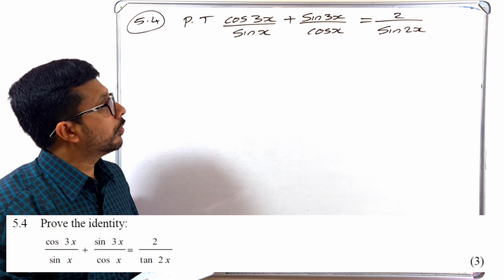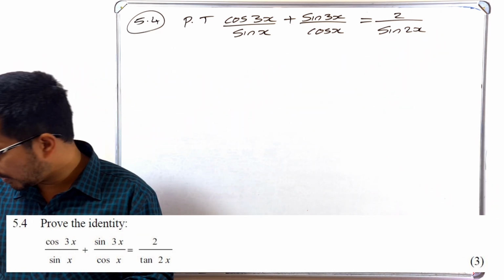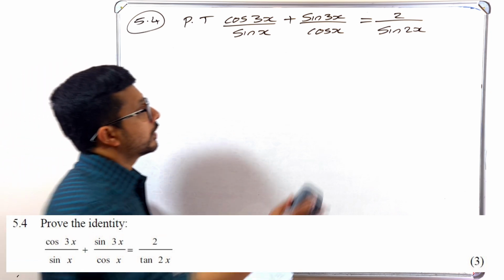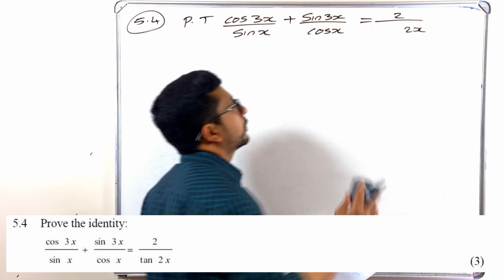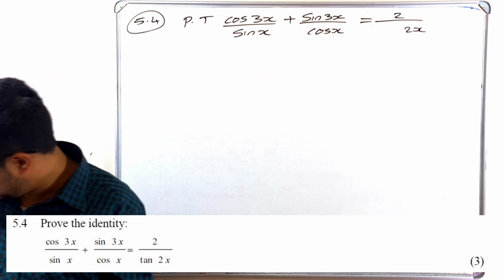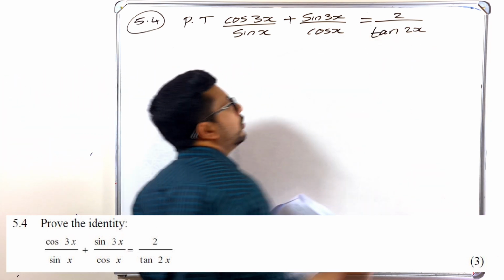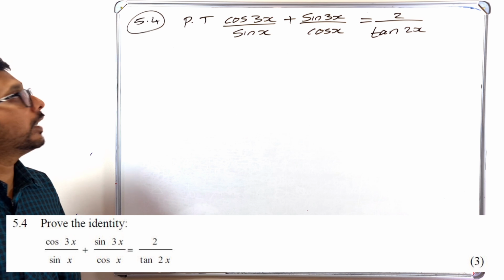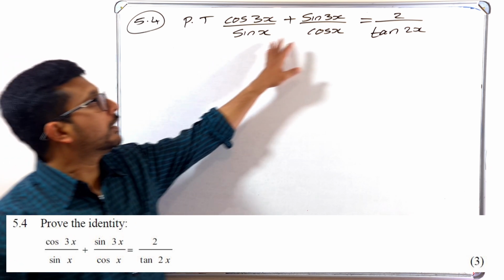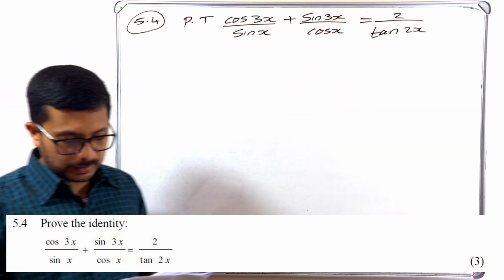This is what you want to prove. Oh, sorry, not sin 2x, the right side here is tan 2x. Sorry for that. So you have to prove the identity, or you have to prove that the left side is equal to the right side. That's what you want to do.